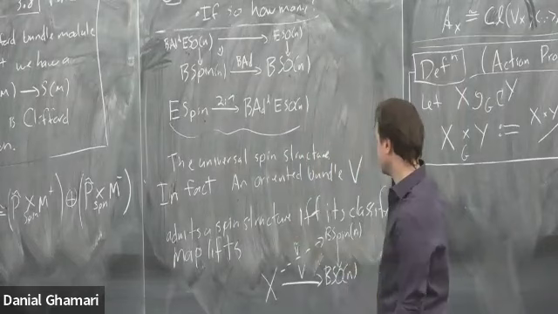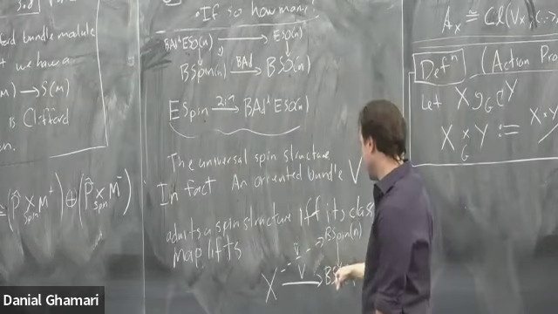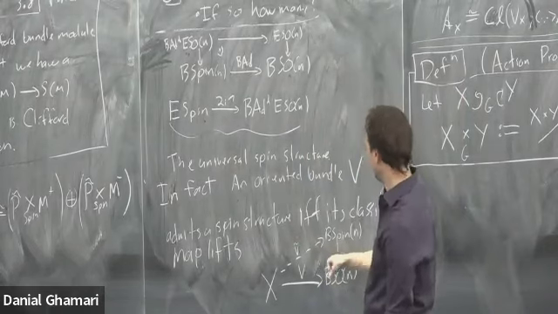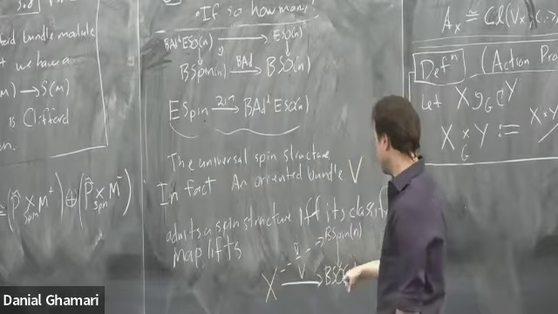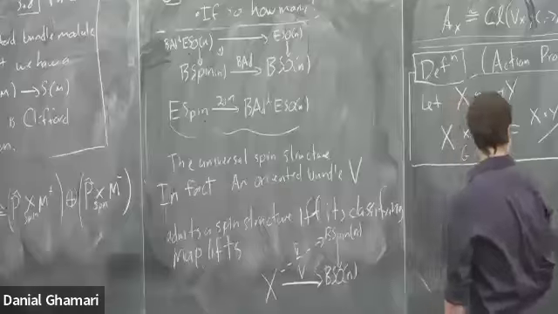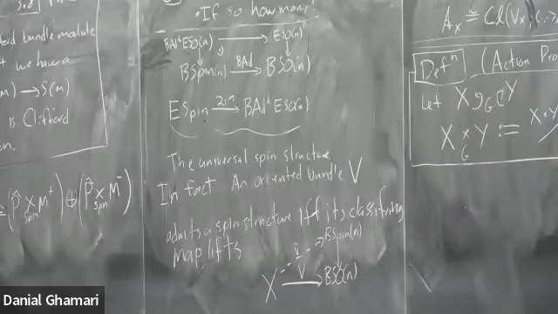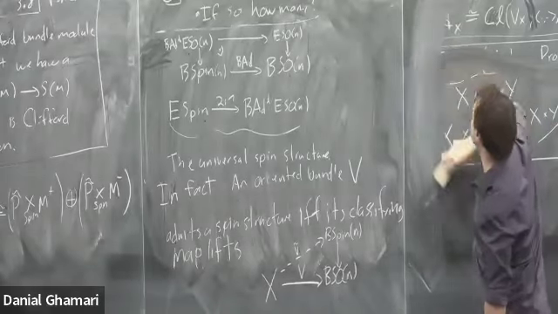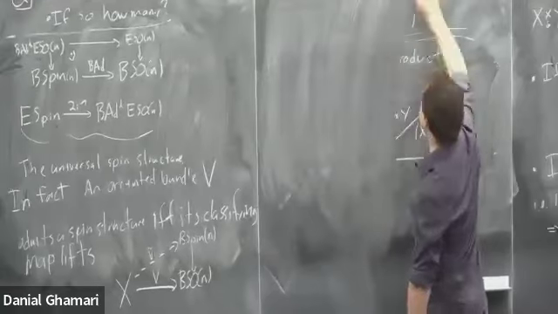So an orientable bundle admits a spin structure if and only if it admits a lift to B spin. So this is a homotopy theory characterization of when a bundle admits a spin structure.